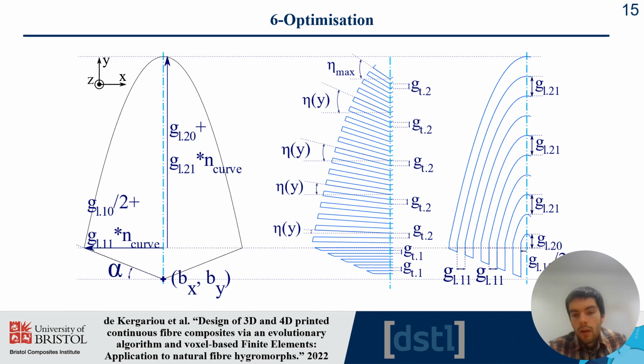So as I said at the beginning, one of the objectives of this project was also to try to put this kind of modeling system in an optimization loop. So we wanted to consider a genetic algorithm for our optimization. In order to do this, we wanted to create a parameterization of the entire G-code.